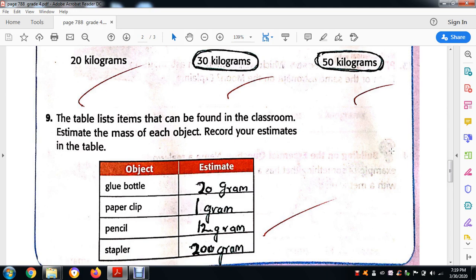Paper clip, it is very light in weight, 1 gram. Pencil, about 20 grams. Stapler, it is approximately 200 grams or 300 grams. You can write 200 grams or 300 grams. It is approximately about a stapler.